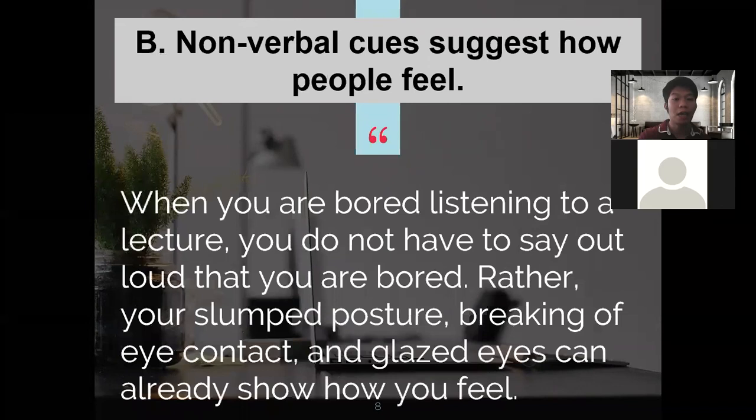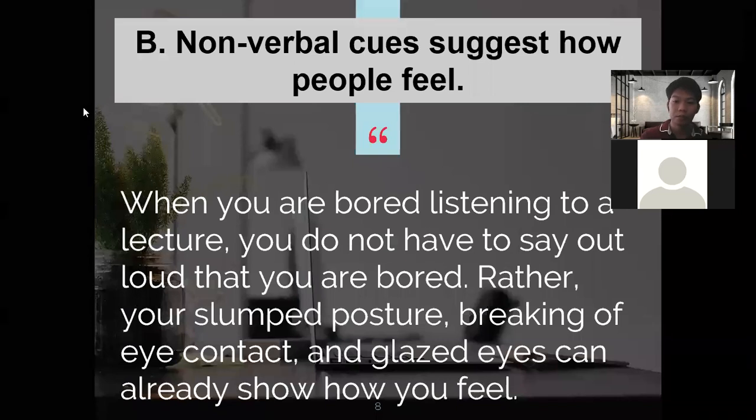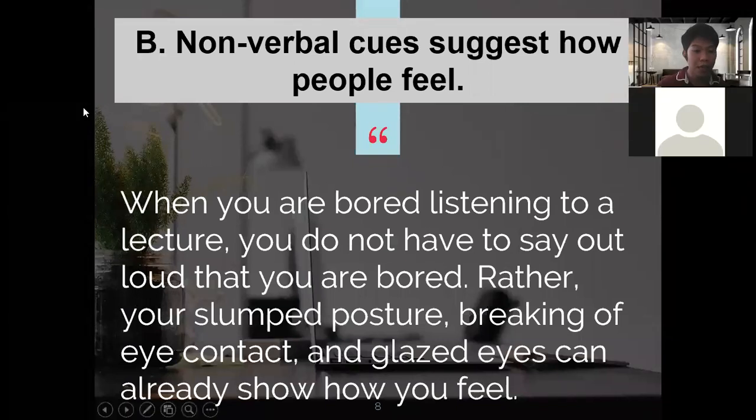Okay, next is nonverbal cues suggest how people feel. When you are bored listening to a lecture, you do not have to say out loud that you are bored. Rather, your slumped posture, breaking of eye contact, and glazed eyes can already show how you feel, right? So our posture and our countenance say a lot about our psychological condition or our mental state.